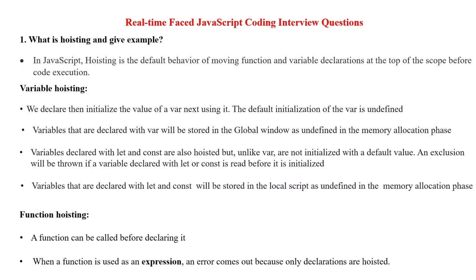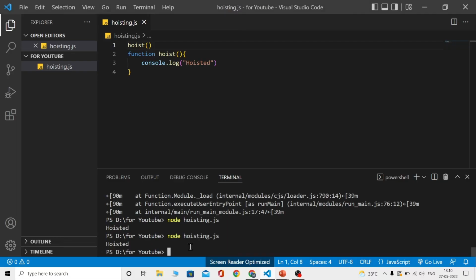When a function is used as an expression, an error occurs because only declarations are hoisted. See it here. I simply give the expression form to this function. This is a function expression.